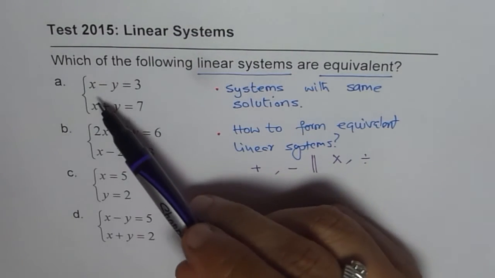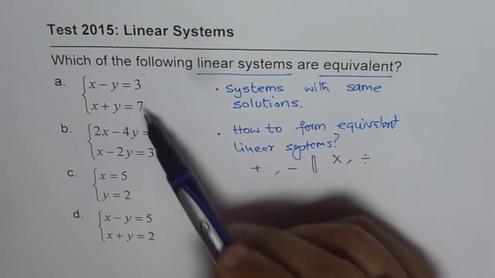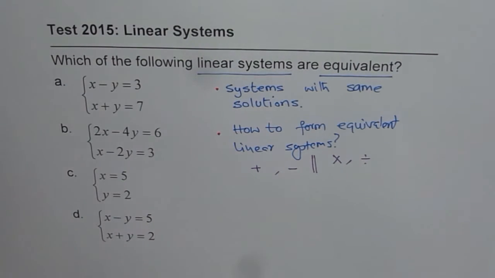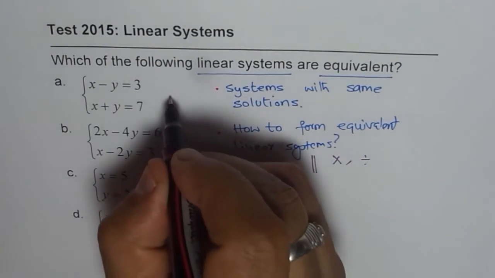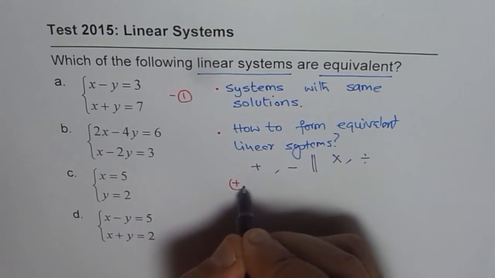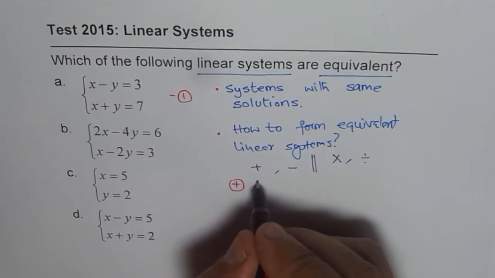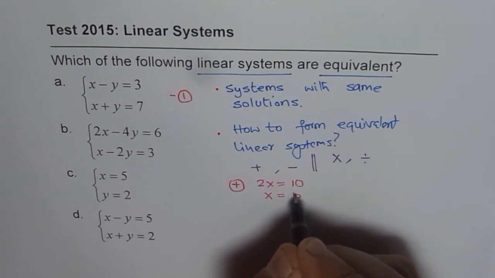The first equation is x minus y equals 3, x plus y equals 7. That forms a system. Now, if I add them, right, so I'm dealing with the first set of equations, and if I add the 2, what do I get? I get 2x equals 10 and x equals 5.